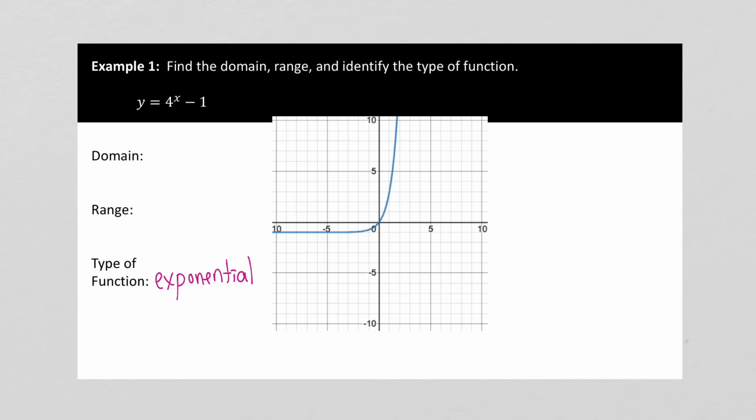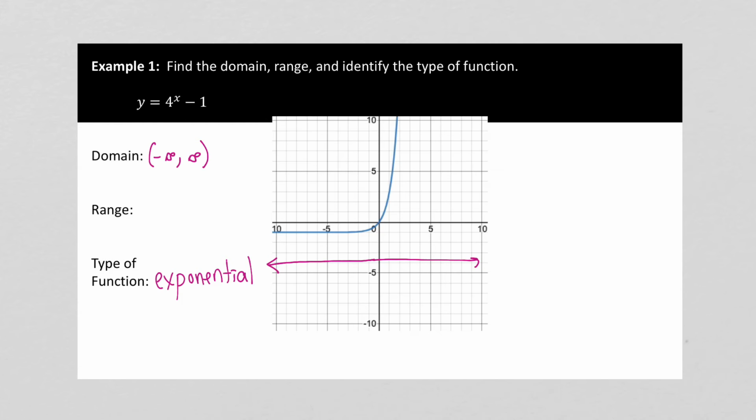What is the domain? Well, let's see. Coming from the left, it looks like it's going to the left forever, so negative infinity. And it's actually going to go to the right forever. It very, very slowly is it going to go out to the right, but it will. So an exponential function also has a domain of negative infinity to infinity.